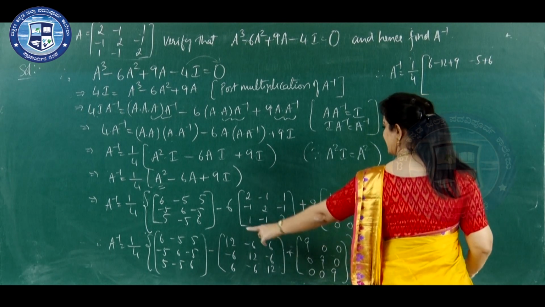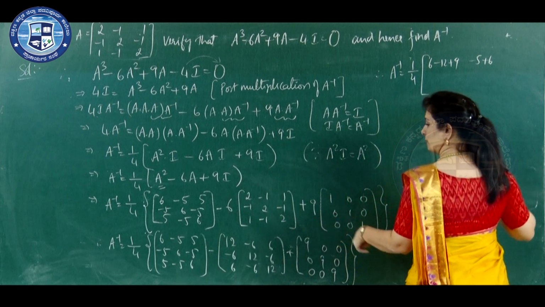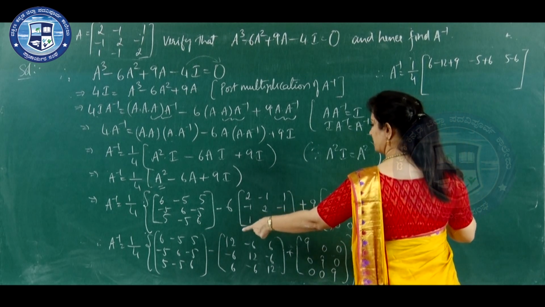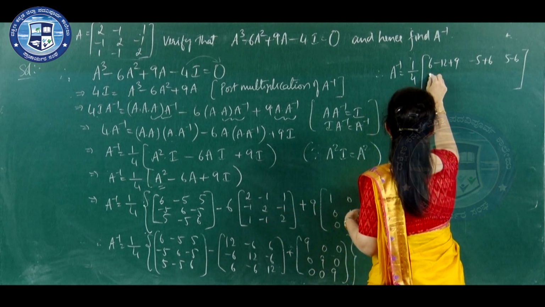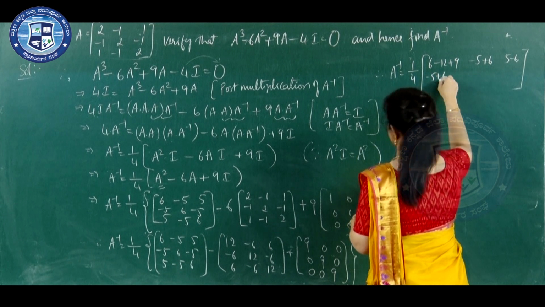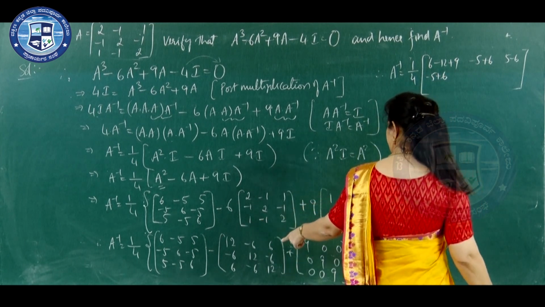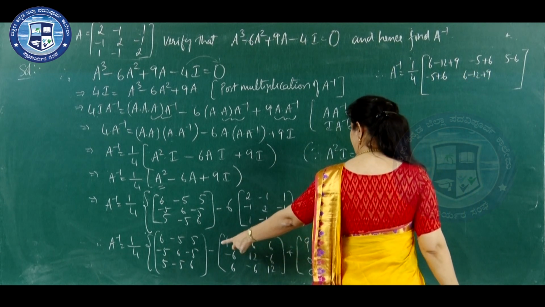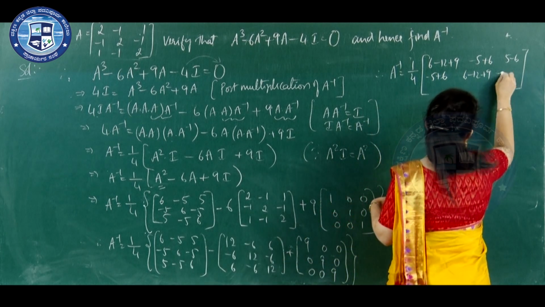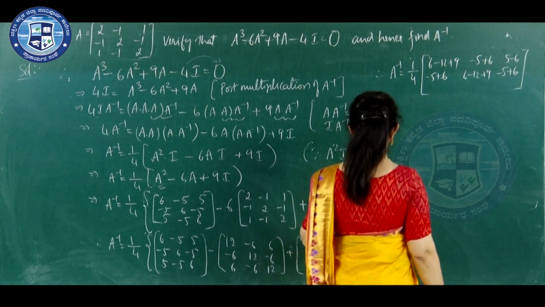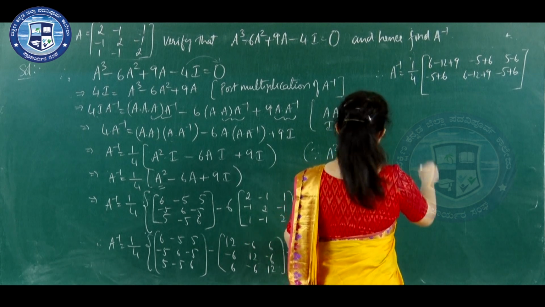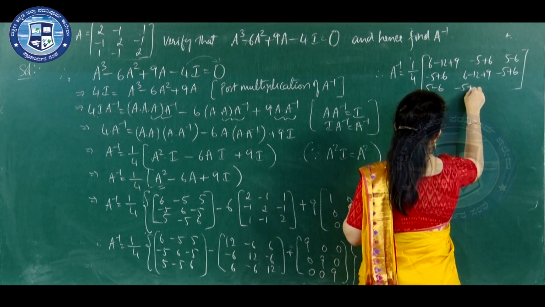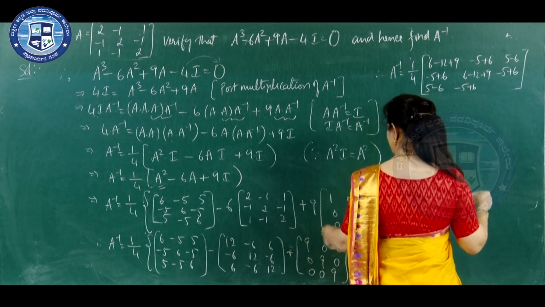Then 5 minus 6, that is minus 1, then minus 5 plus 6, then 6 minus 12 plus 9, then minus 5 plus 6, 5 minus 6, minus 5 plus 6, then 6 minus 12 plus 9.